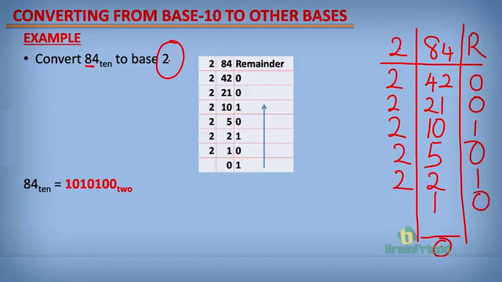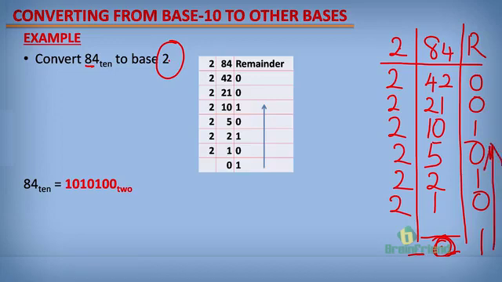Now the third step was to continue until we get 0 in this column. So we still divide by 2. So 1 divided by 2 gives 0, remainder 1. And this is the end of the division. Now the final step is to write out the remainders from the bottom to the top.